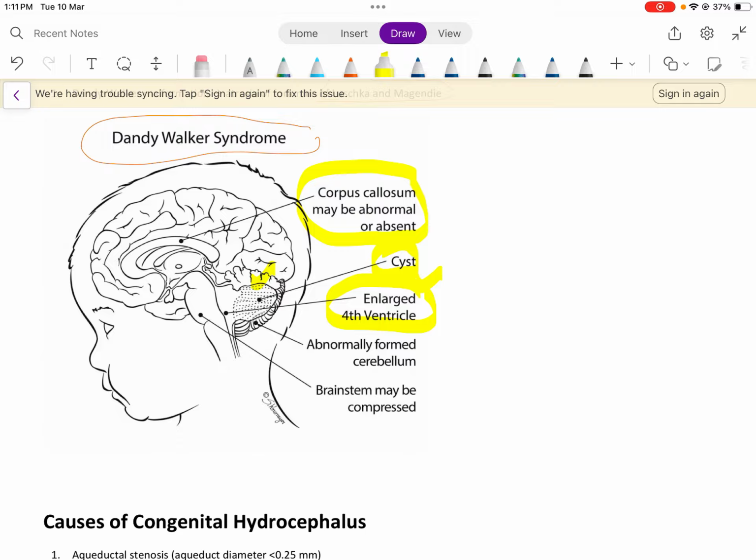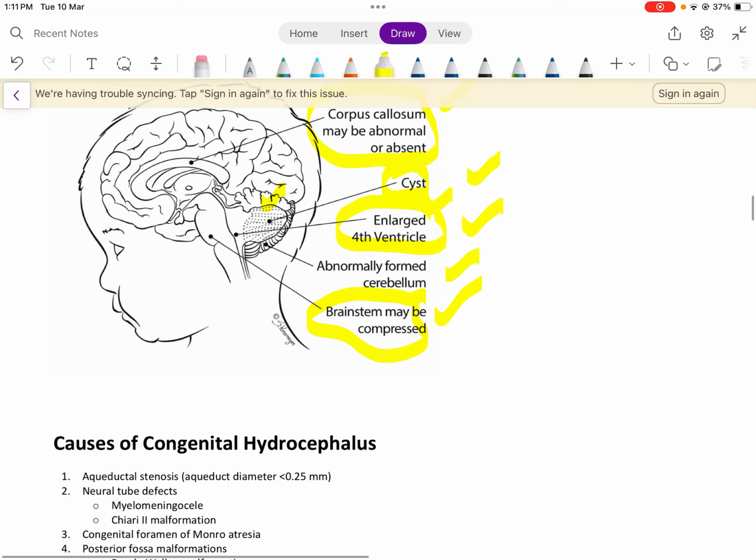Just because there is a flow disruption, so you get increased pressure and enlargement. You can have an abnormally formed cerebellum, and because of all these raised pressure changes, brainstem compression. So these are the things in Dandy-Walker syndrome: corpus callosal agenesis, cyst, enlarged fourth ventricle, abnormally formed cerebellum, and the brainstem may be compressed.